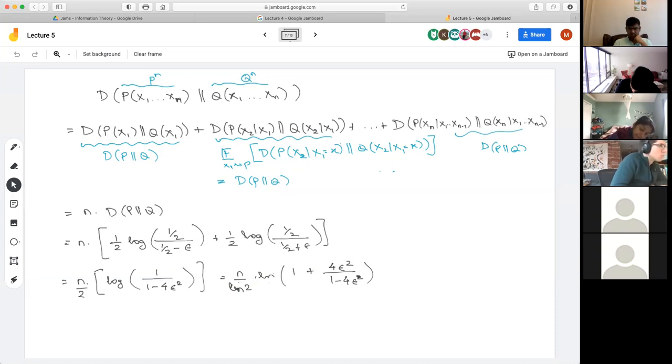And then I can just use the fact that 1 plus x is less than or equal to e to the x, or ln of 1 plus x is less than or equal to x.